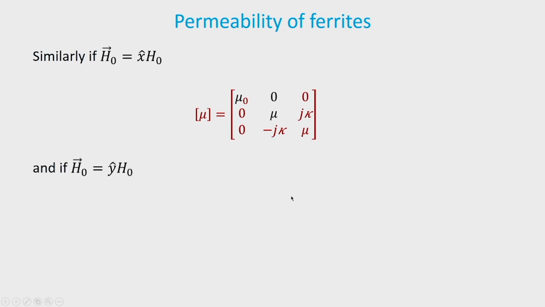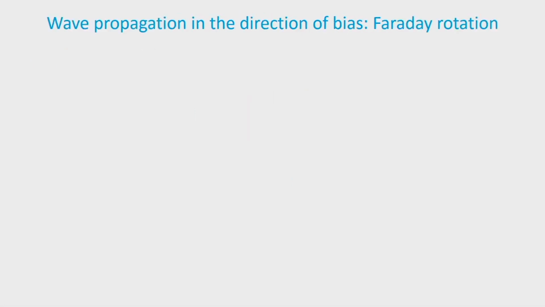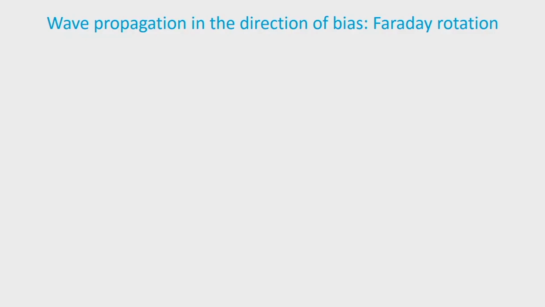Similarly, we can apply this biasing field also along the y direction, and we get the corresponding permeability tensor as shown. Let us now consider the wave propagation in the direction of bias, which gives rise to Faraday rotation.